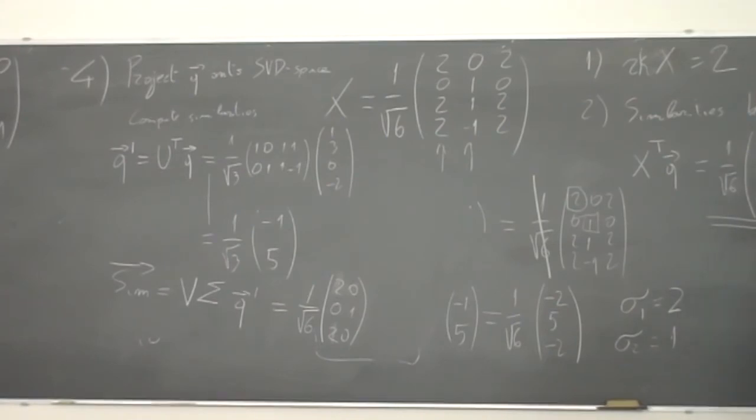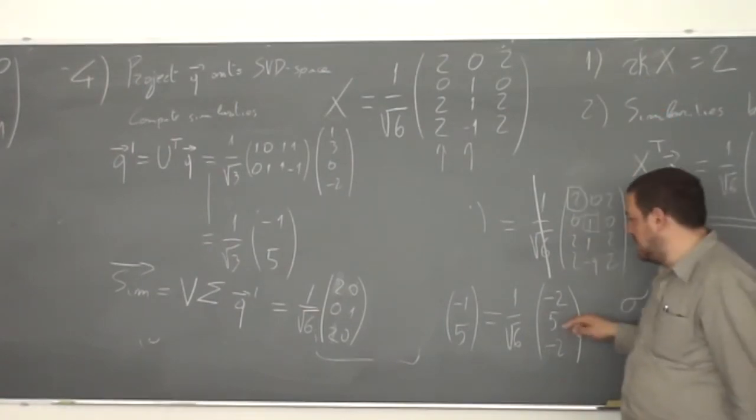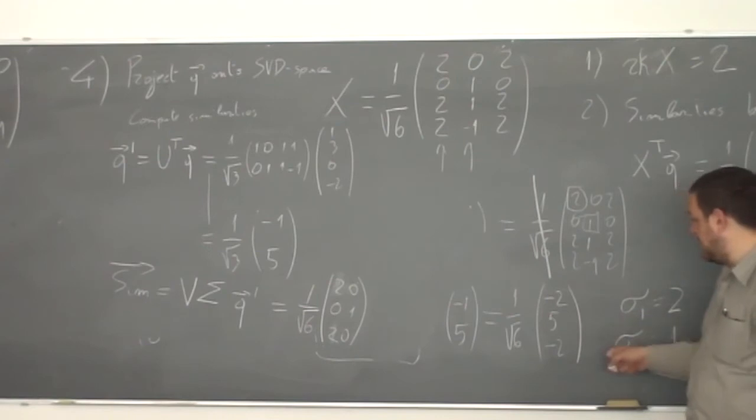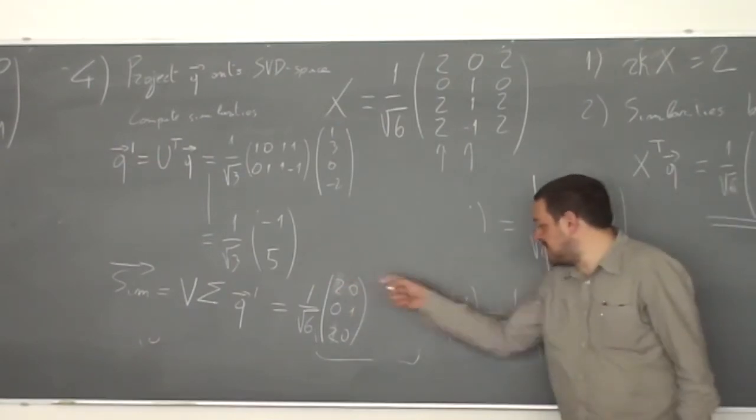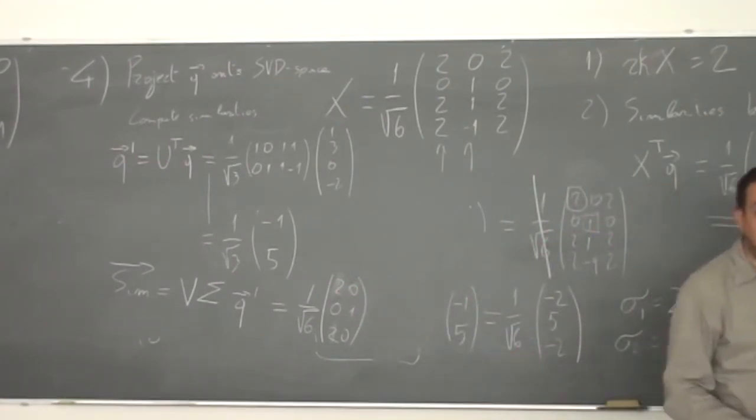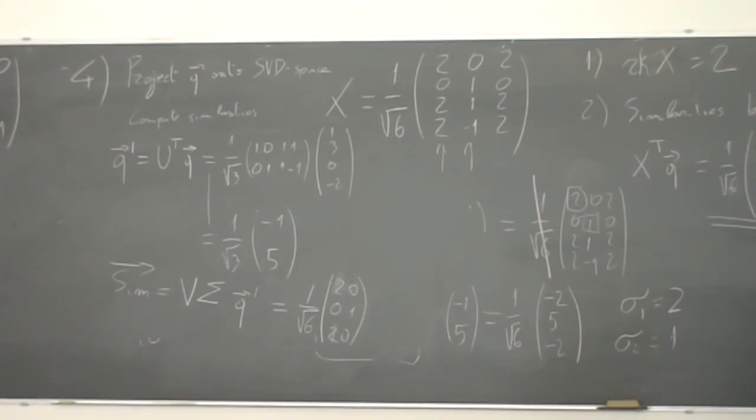The main idea was that originally we had a 4 by 3 matrix and a 4-dimensional query, while here we have a 3 by 2 matrix and a 2-dimensional query, just to have exactly the same result.